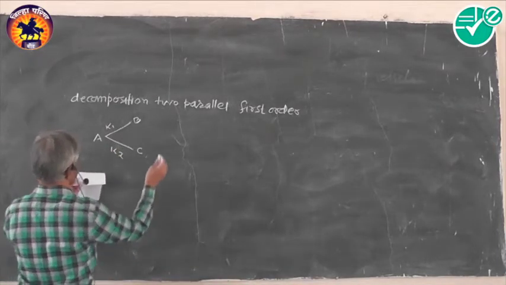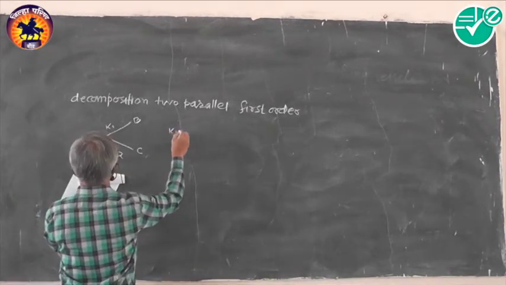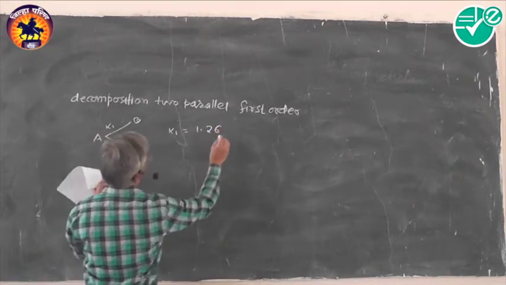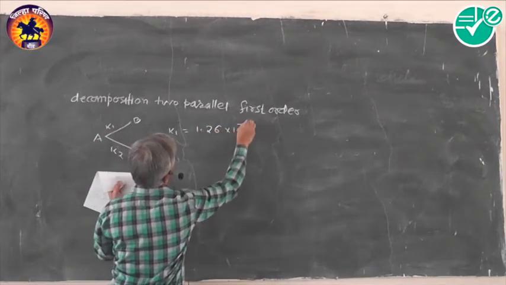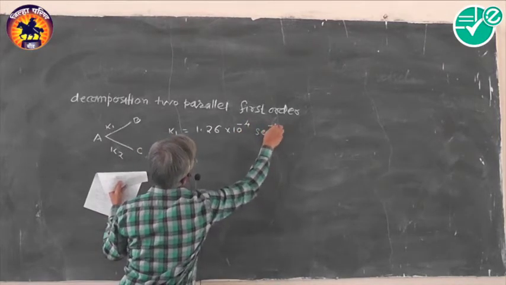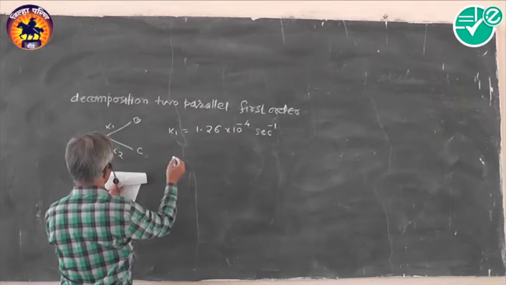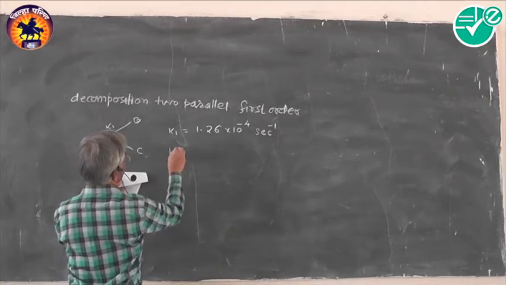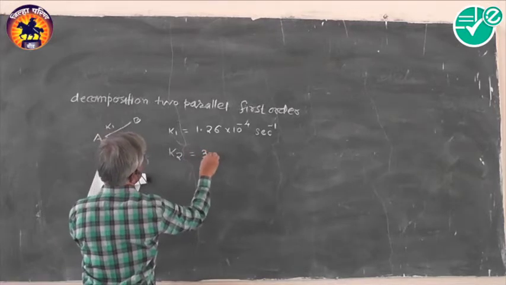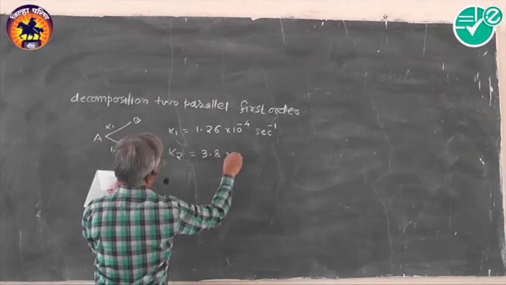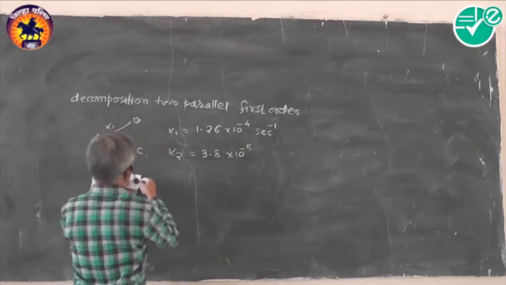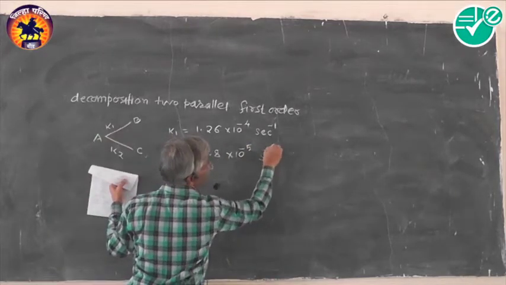They have given the value of K1 as equal to 1.26 multiplied by 10 raised to minus 4 second raised to minus 1, and the second value of K2 is equal to 3.8 into 10 raised to minus 5 second raised to minus 1.